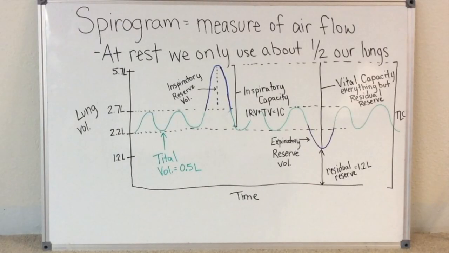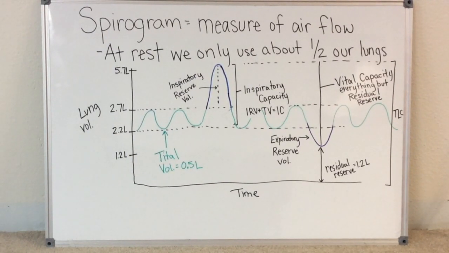The spirogram is helpful to practitioners because it can help detect where issues in respiration occur. If a person is unable to fully exhale or has a decrease in expiratory reserve, we might assume that either the elasticity of the lungs is failing or their additional expiratory muscles are not fully functioning.